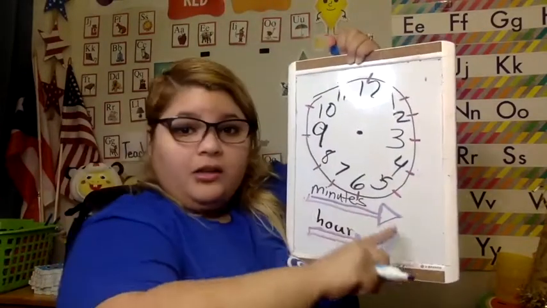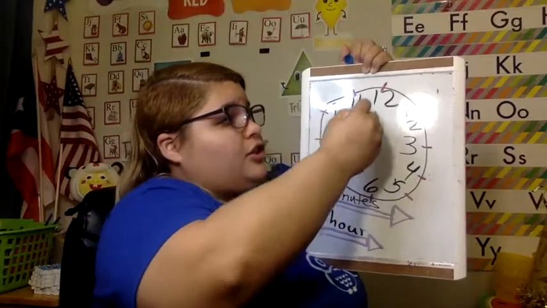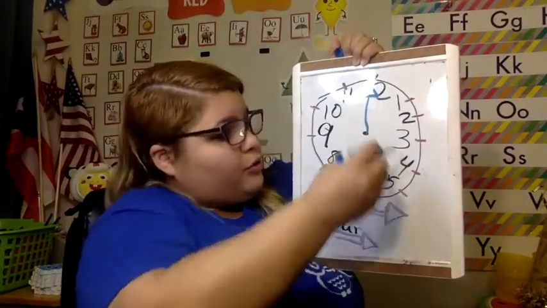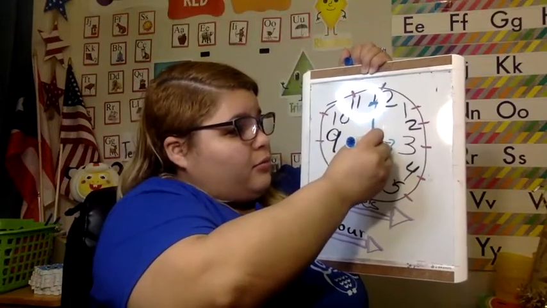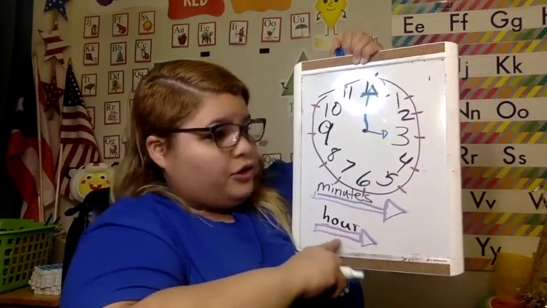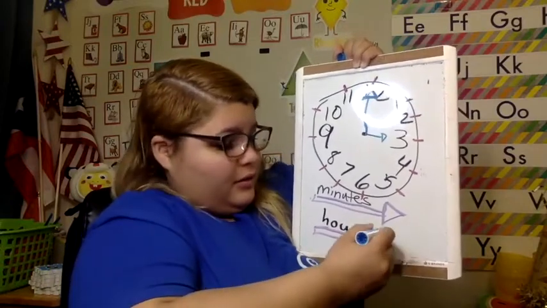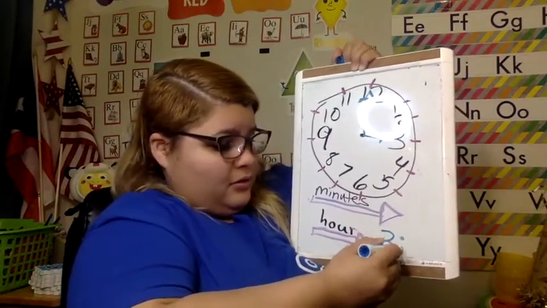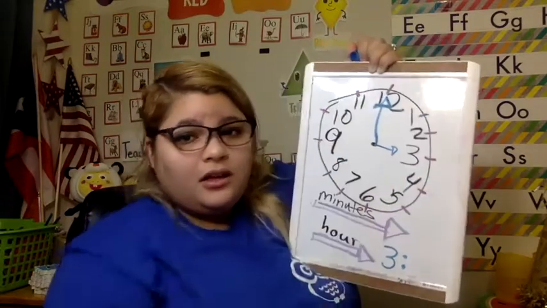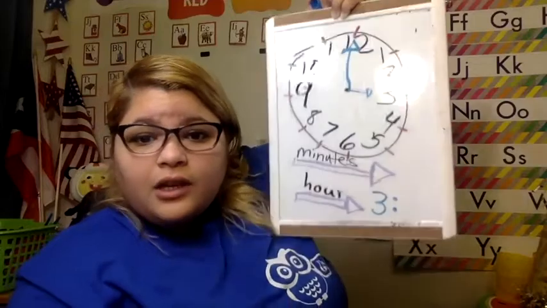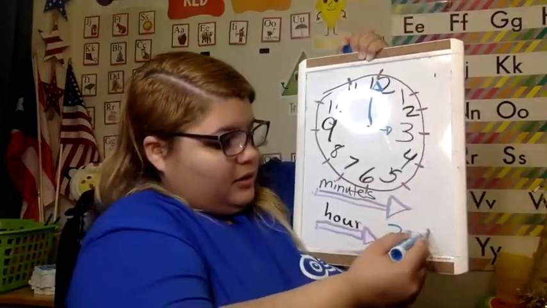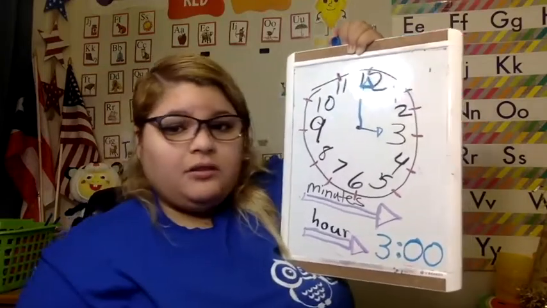If the long hand is touching the number 12 and the short hand is pointing to number 3, that means the hour is 3. And because the long hand is pointing to the 12, it means it's o'clock. That means it is 3 o'clock.